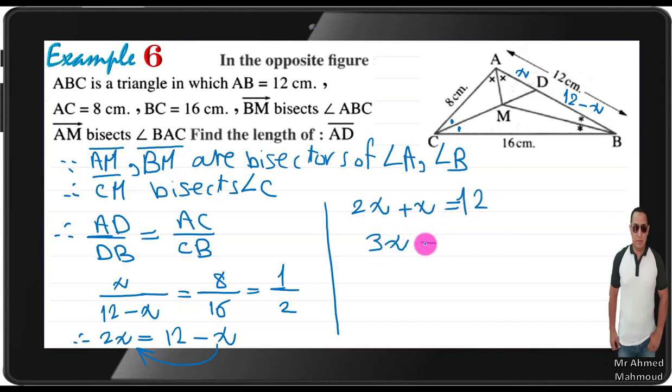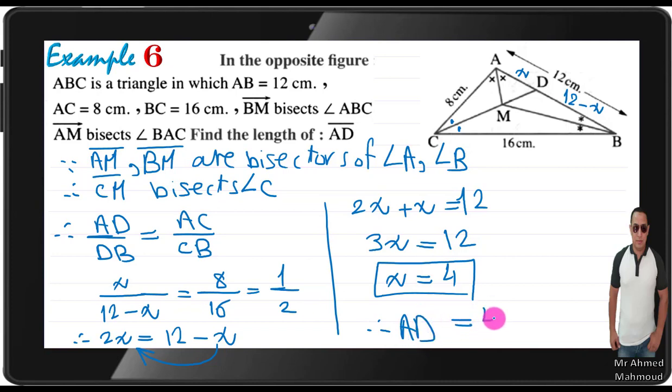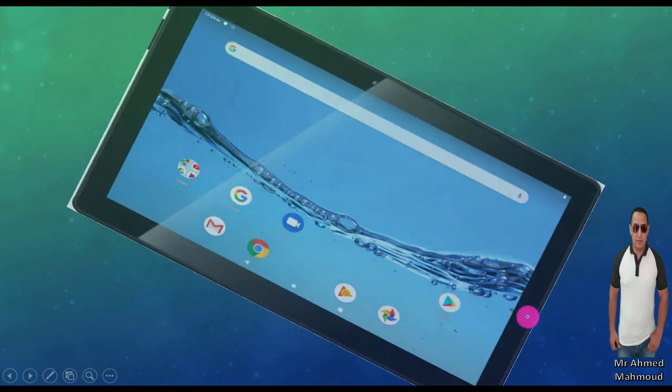Therefore 3X equals 12, so X equals 12 divided by 3 equals 4. And this is the value of X. And AD is X. Therefore AD equals 4 centimeters.